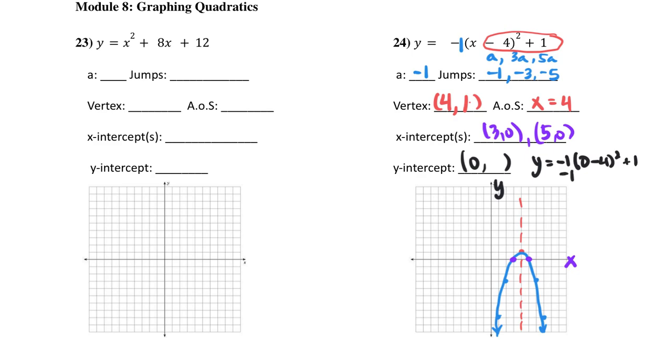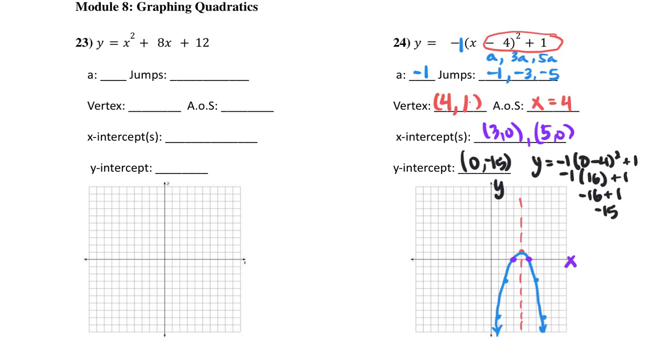That's going to be -1, and then 0 minus 4 is -4, but (-4) squared is -4 times -4, or 16. And I still have my plus 1, so now I have -16 plus 1, which is -15. And that makes sense that it would fall further in the negative direction here.